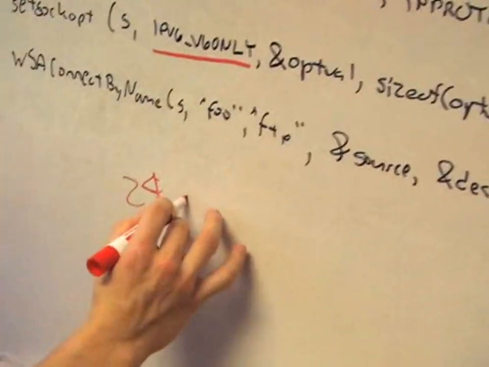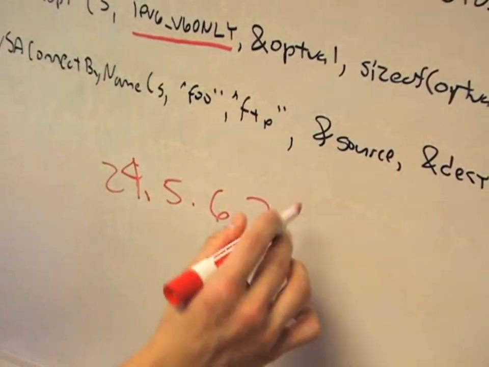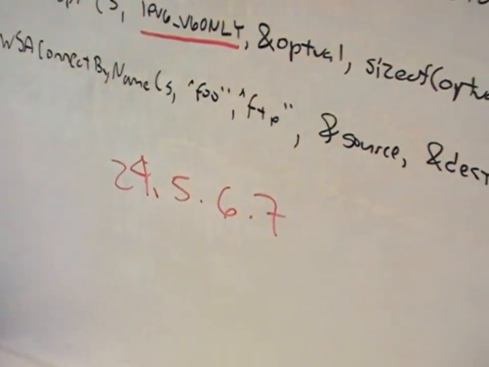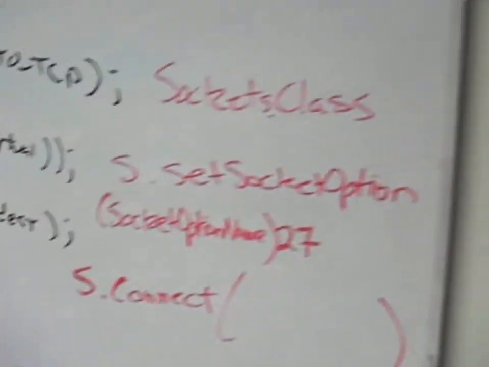What Anthony was touching on before is that when you're working in a dual mode stack environment, the IP addresses that you work with might not look like what you're accustomed to, because typically you're accustomed to seeing an IP address structured like 24.5.6.7 in this format. When you're working with dual mode sockets, those are sockets that work with both v4 and v6.